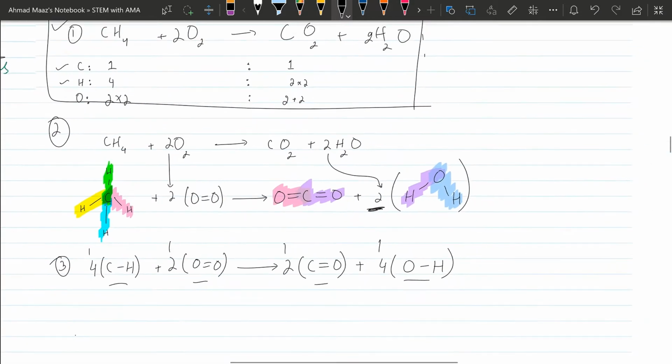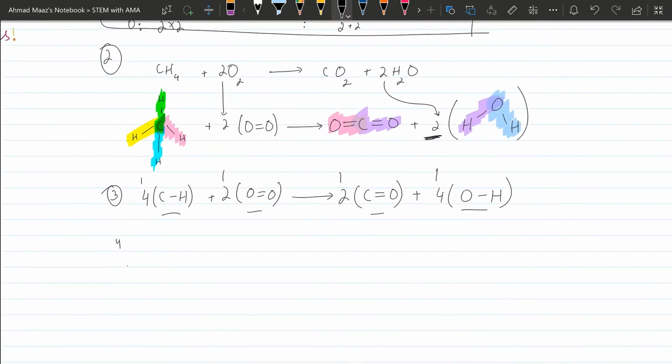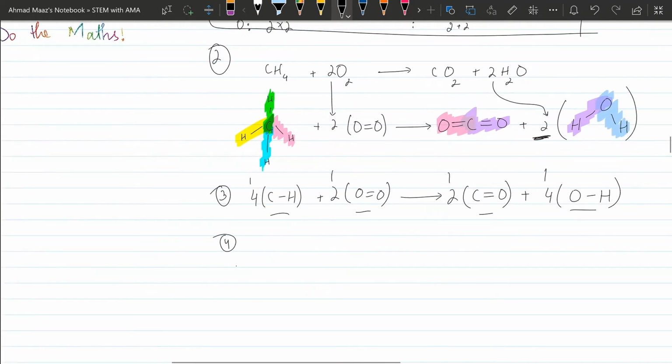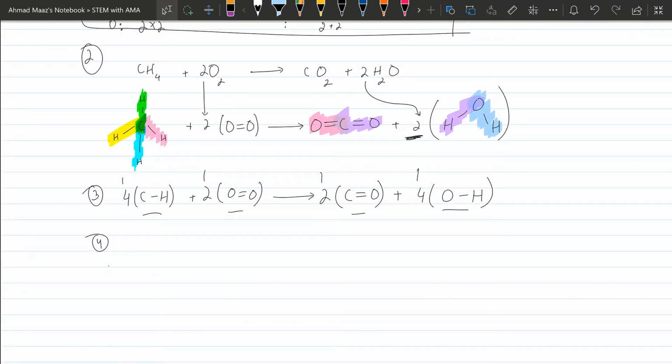Step 4 says do the maths. That's the main thing, and that is why we did the first 3 steps. For this maths, we need to simply use the formula that we have learned for enthalpy change, that is delta H equals minus exo plus endo.